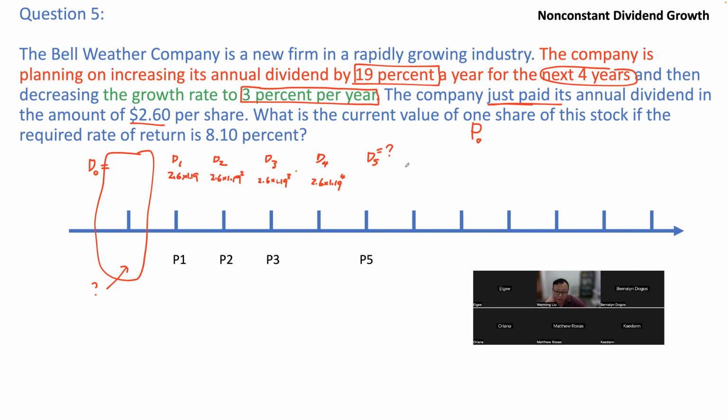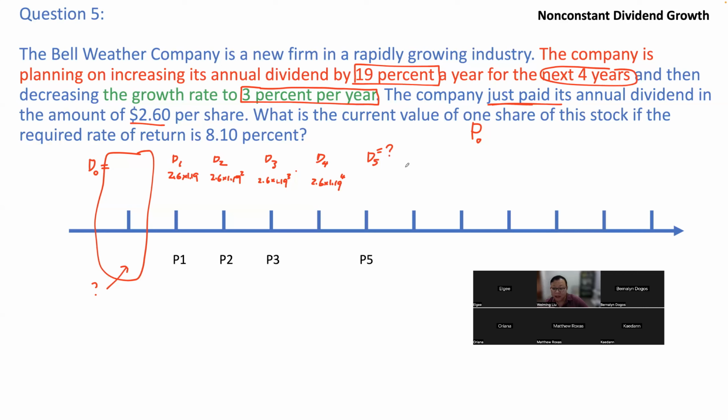Okay, so D4 times 97%, and D4 times 1.16. Okay, so if you think it's 16%, you have to be careful when reading the question. It reads, decreasing the growth rate to 3% per year.